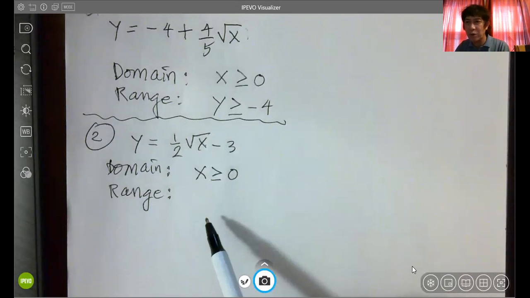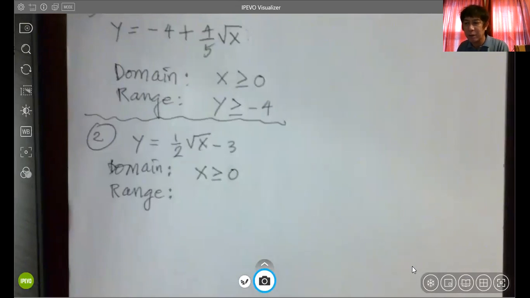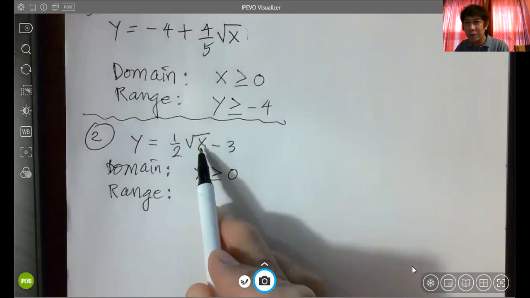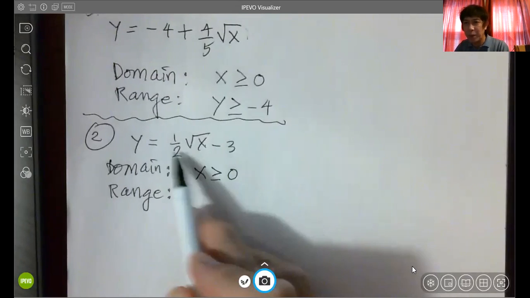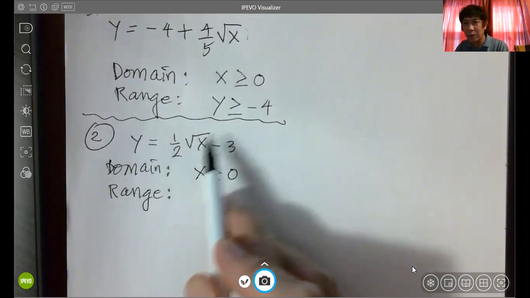And we will have 0 minus 3, which is minus 3. So the starting value is minus 3. As you put values higher than 0, this will become positive, and the value here will increase.